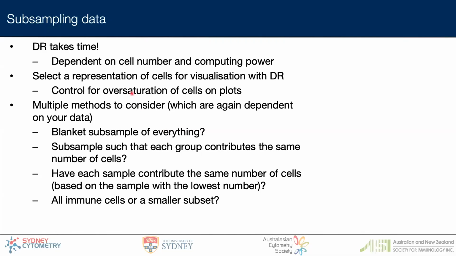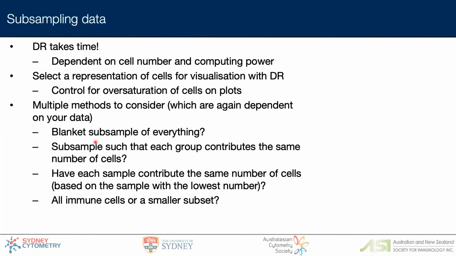And I think you can easily appreciate why that would be an issue when you look at your plots. So this is why it is important, again, to validate, and it can be very worthwhile to have a look at the subsample data. So some things to consider here, and again, it's dependent on your data, is whether you just do a subsample of everything. So if you have a concatenation of 100 or 1 million cells from healthy and disease, and you just cut that down to 100,000, that's one way you can go about it.